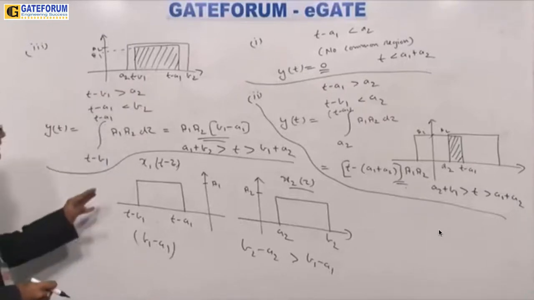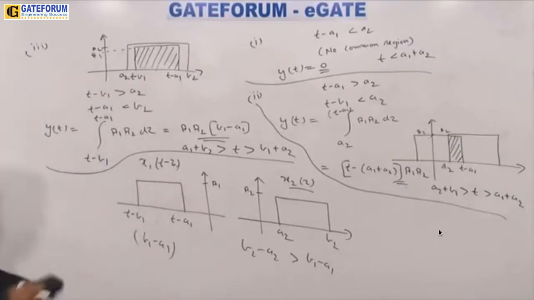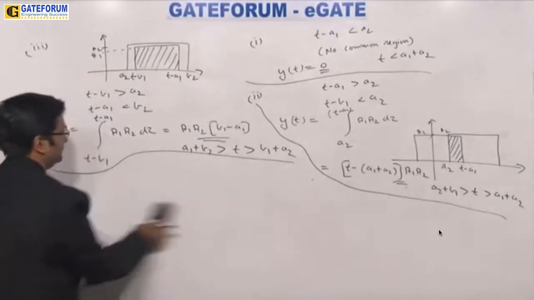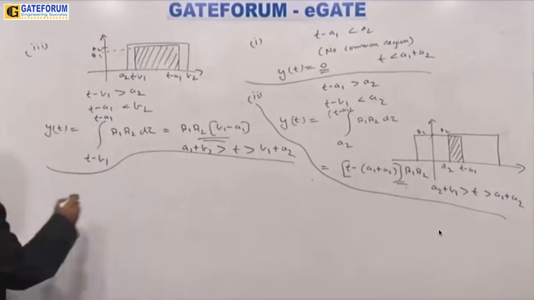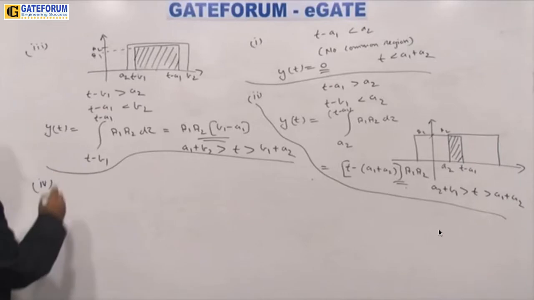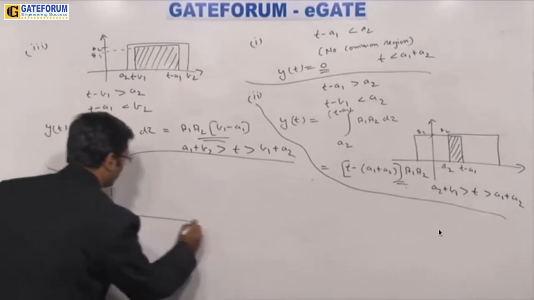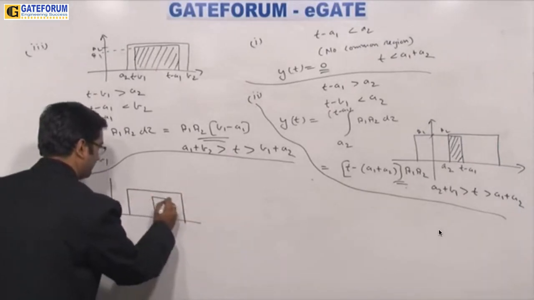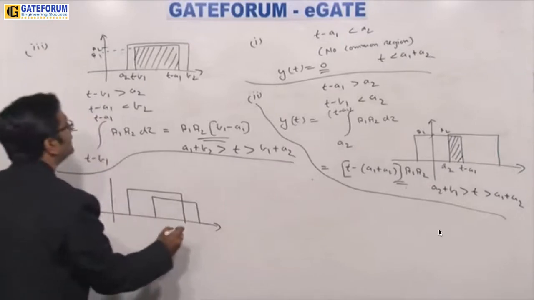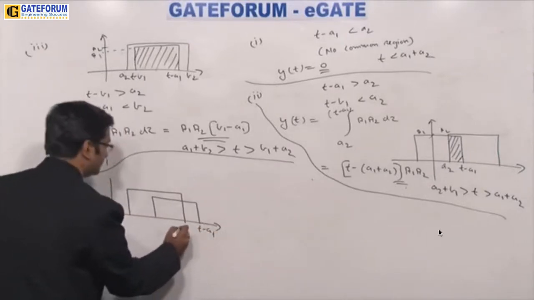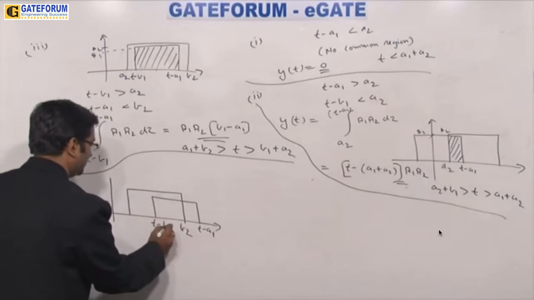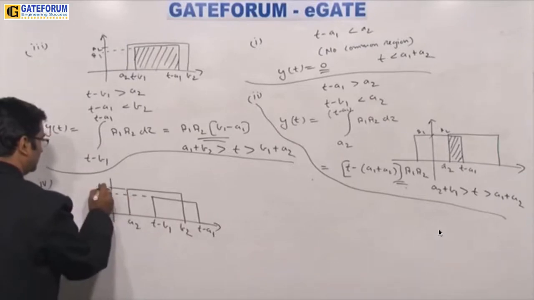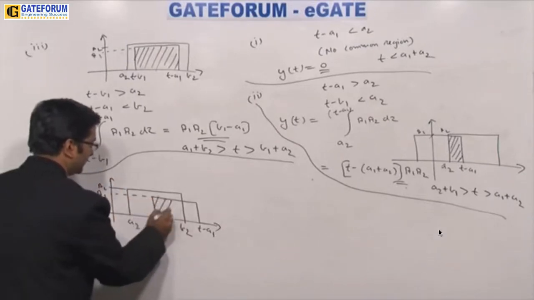Now comes the fourth case where the signal is going out of the system. I'll draw it here. In this case, t minus a1, b2, t minus b1, a2, a1 a2. This is the common region.